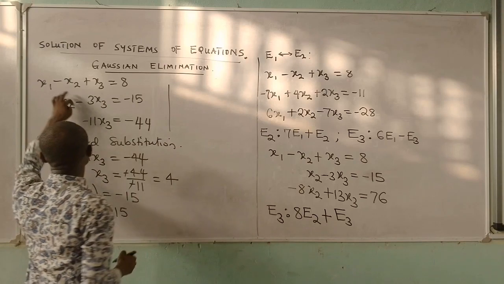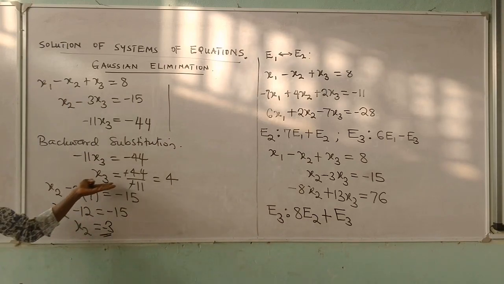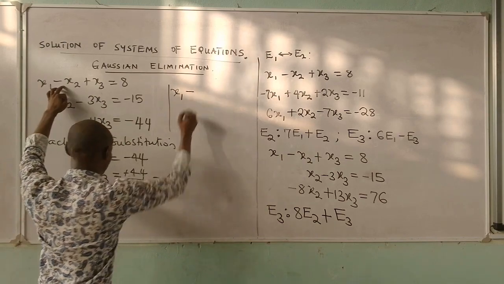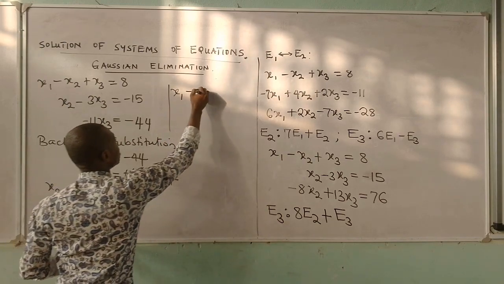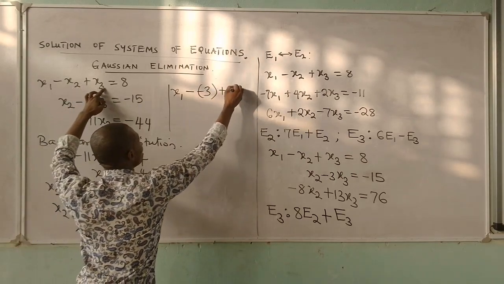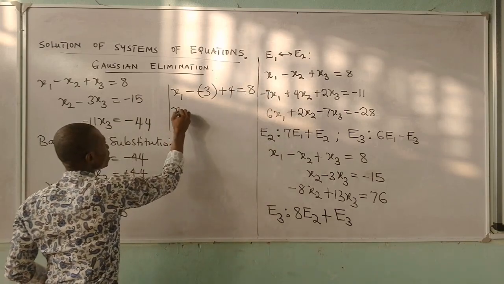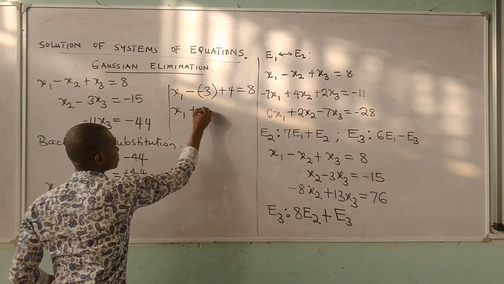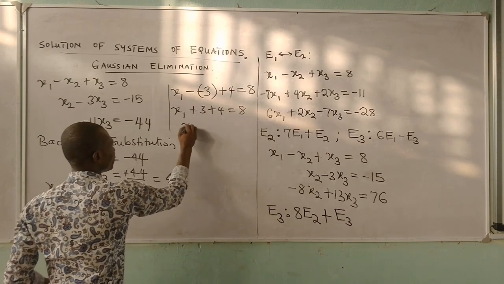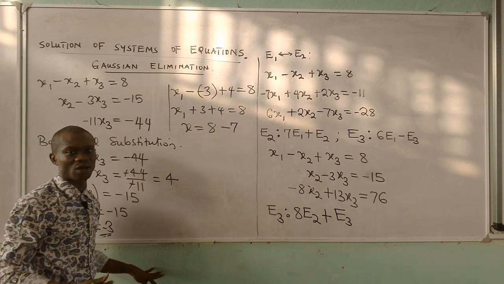So finally, we substitute x2 and x3 into equation 1. So this is going to be x1 minus my x2, which is minus 3, and then plus my x3, which is 4, is equal to 8. So this is going to give me x1, of course this is plus 3 plus 4, equal to 8. If you add this, you have 7. Bring this over, will give you minus 7.